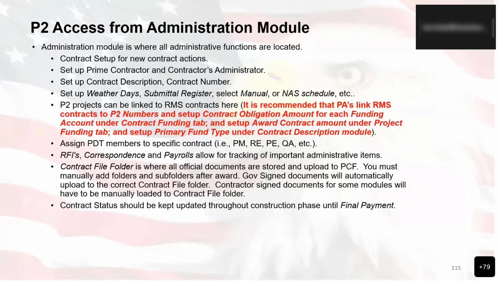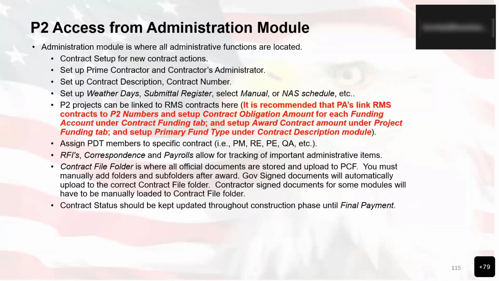It's usually recommended that the PAs, the project admins, link RMS contracts to P2 numbers and set up contract obligation amounts for each funding account under the contract funding tab, set up the award contract amount under the project funding tab, and set up the primary funding type under the contract description module.